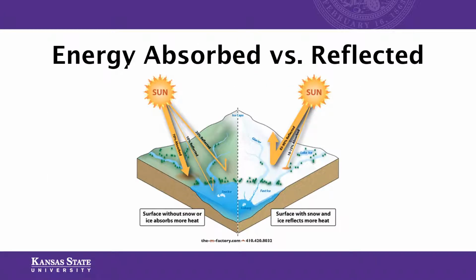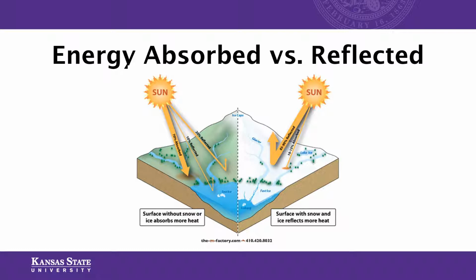How this relates to the Earth's climate and the Earth's energy balance is that we have areas of the world that are dark and areas of the world that are lighter. The more reflective the surface of a certain part of the Earth, the higher the albedo.